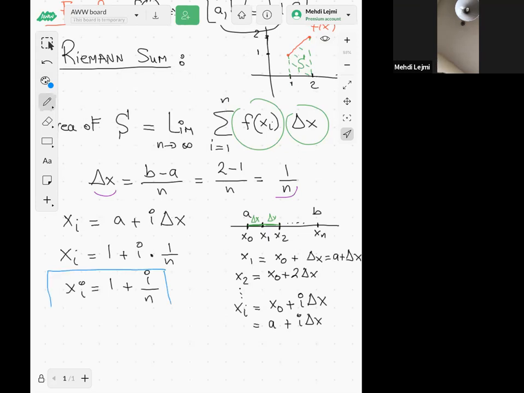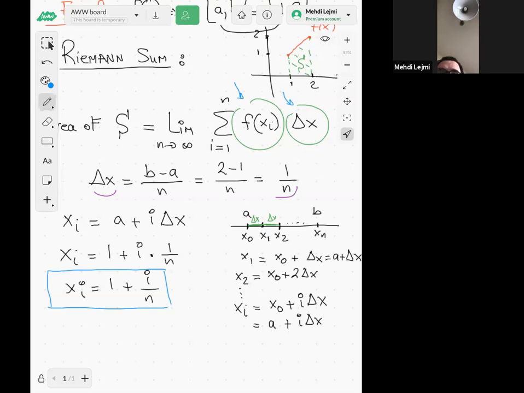Now, I want to apply this Riemann sum. I got my delta x, it's just 1 over n. Now I want to compute f of xi. We said xi is 1 plus i over n. And so now what will be f of xi?